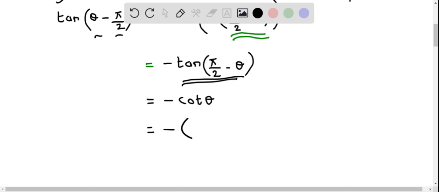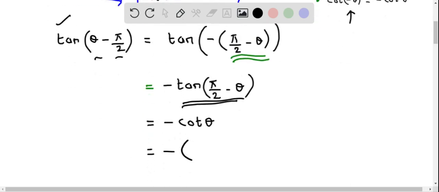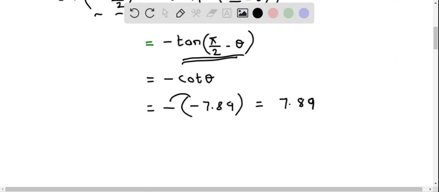So we have this negative, and negative 7.89. When you multiply negative with negative, we get positive. Therefore, tangent of theta minus pi by 2 equals a positive quantity, that is 7.89.